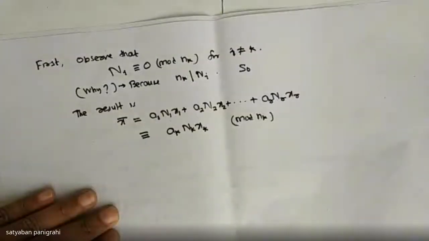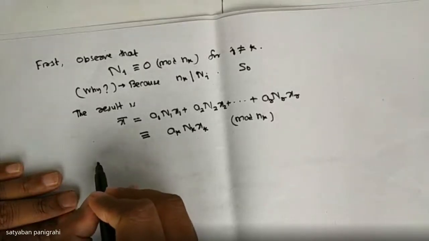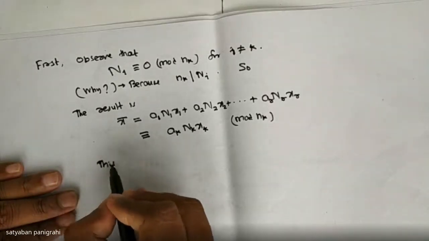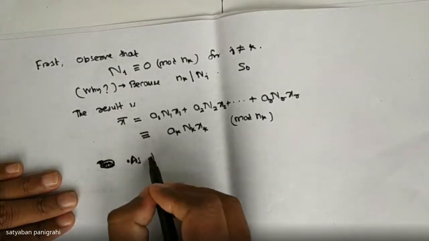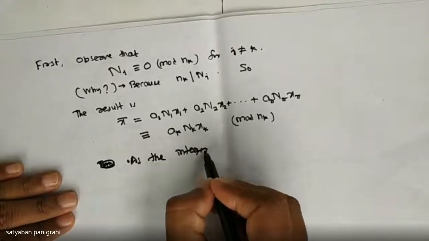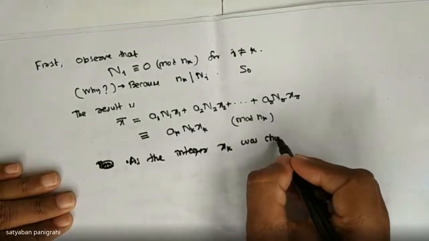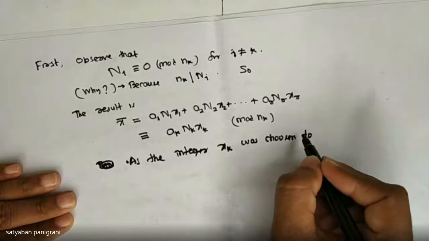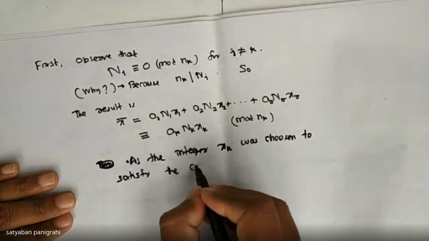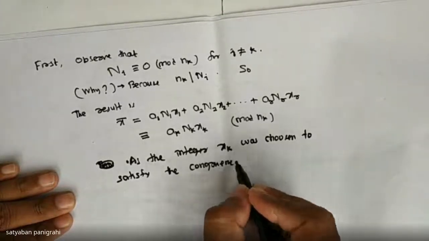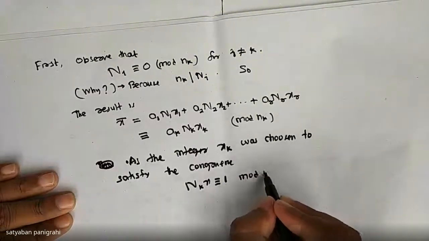Now what we are writing, we are saying that as the integer xk was chosen to satisfy the congruence nk·x ≡ 1 mod Nk.